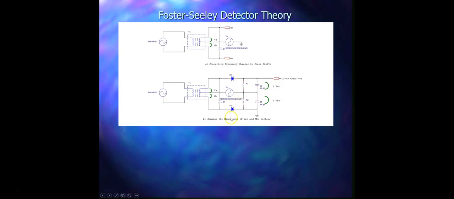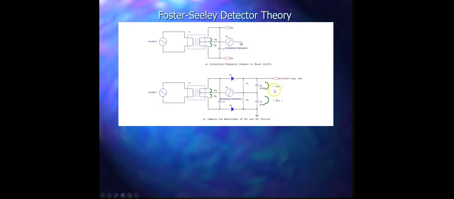The function of this diode is to rectify the AC voltage coming out of this point and this point. So it will rectify the AC voltages VAC and VBC, and the algebraic output of this will be, through this capacitor, the absolute value of VAC and the absolute value of VBC. If the input frequency rises, the rectified output VAC will be larger than VBC.